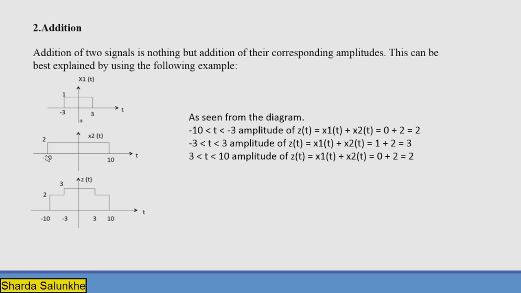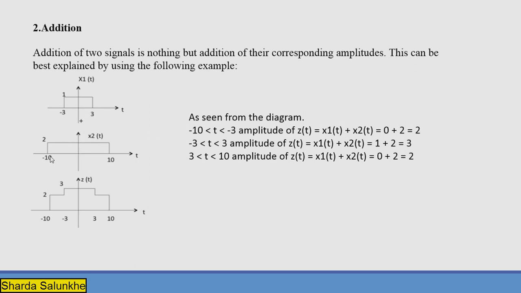If you compare these two signals, x2 of t starts at minus 10 and x1 of t starts at minus 3. So from this figure you can conclude that z of t is the addition of these two signals.